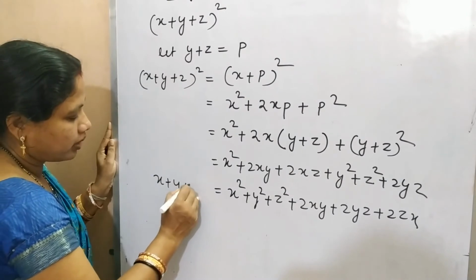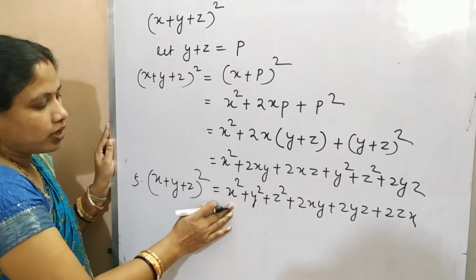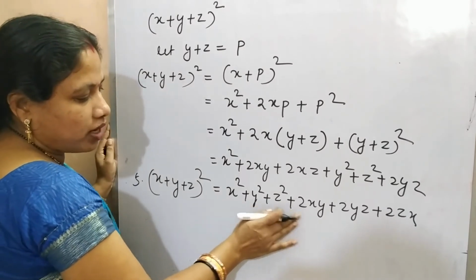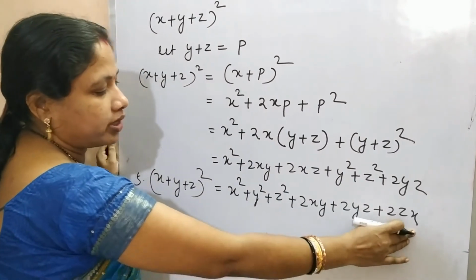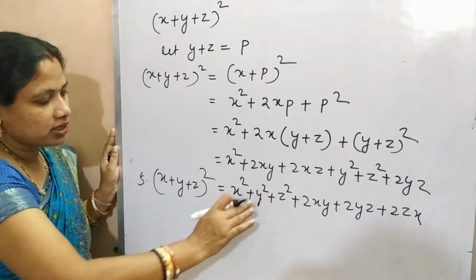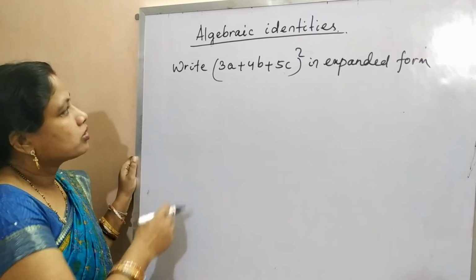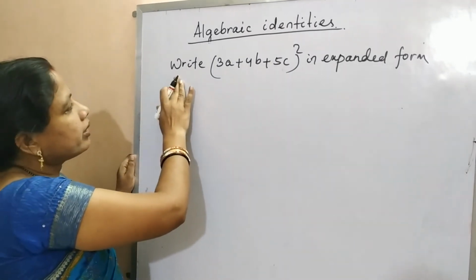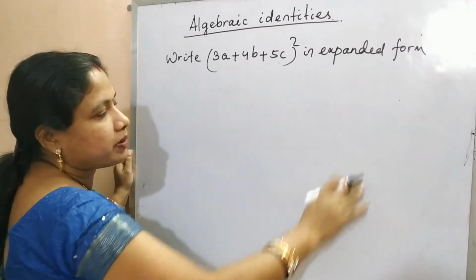x plus y plus z whole square is equal to x square plus y square plus z square plus 2xy plus 2yz plus 2zx. So by using this identity, now we will solve some problems. Here an example: write 3a plus 4b plus 5c whole square in expanded form.